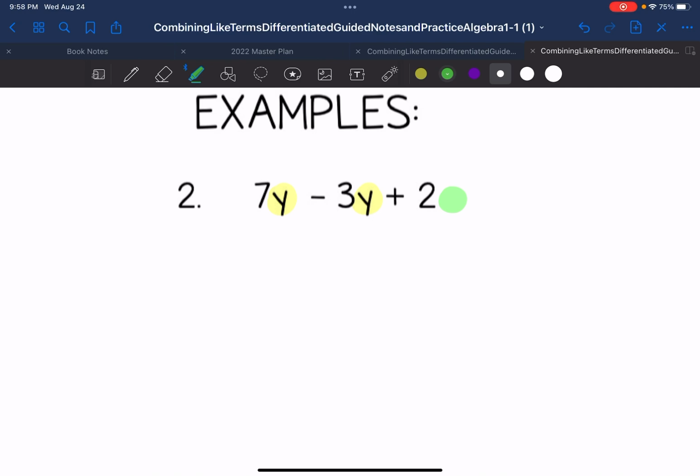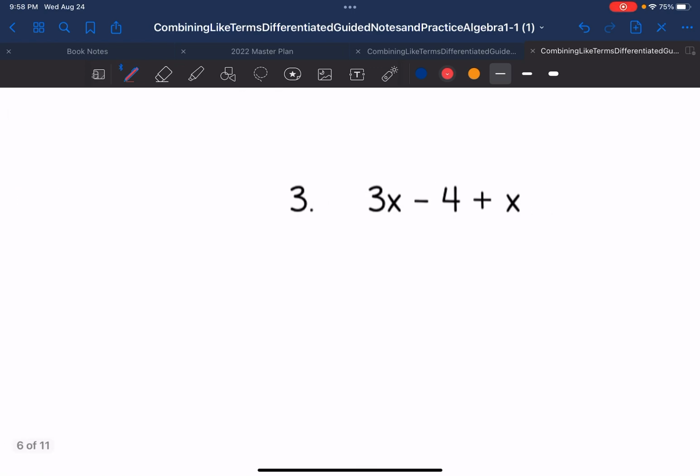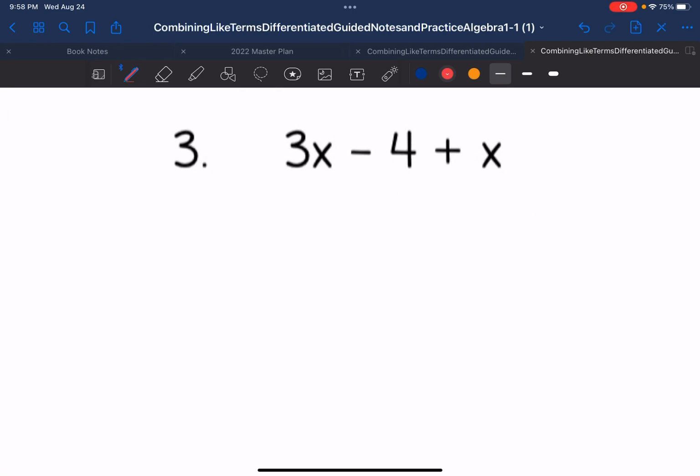It is different. We cannot combine it, okay? So let's combine our 7y minus 3y. That's going to equal 4y. And because we can't combine a 2 with anything, we have to leave it in the equation and it stands alone, okay?